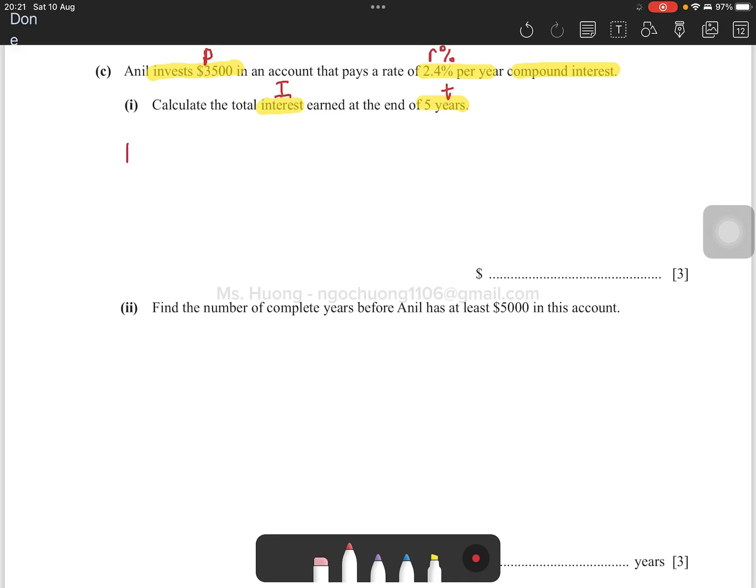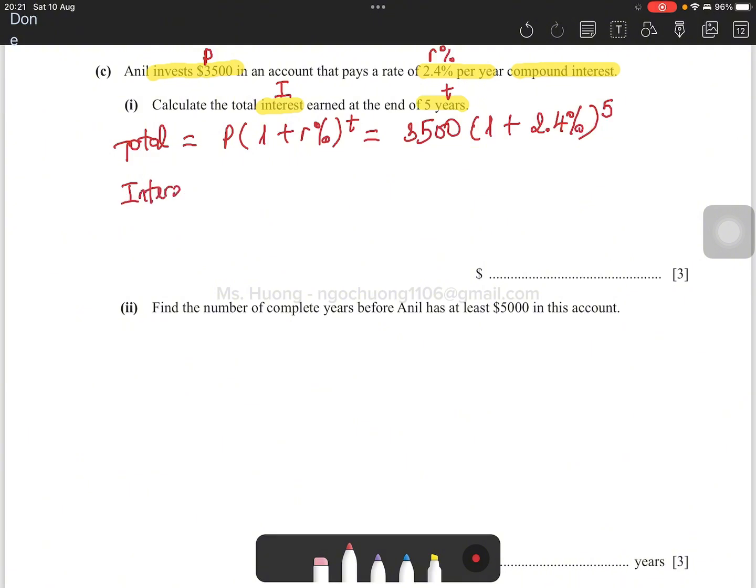In compound interest, there's a formula for the total that he receives at the end. That is P multiplied by 1 plus R% to the power of T. P is equal to 3,500 multiplied by 1 plus R%, which is 2.4%, to the power of T, which means to the power of 5. And then we want to find the interest. You know that the interest is equal to the total subtract the principal.